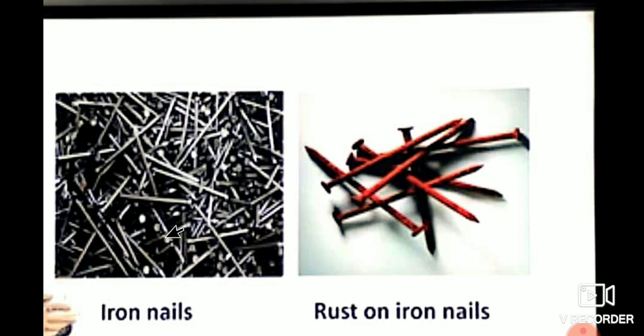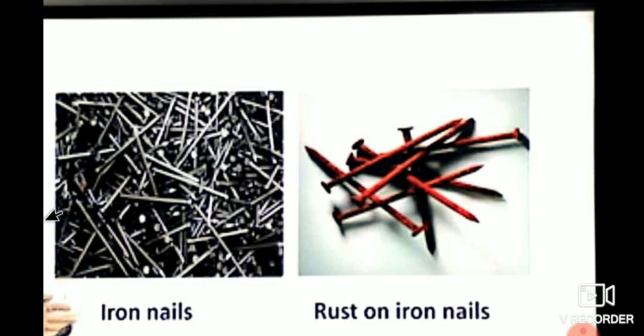So here it is lustrous nails, while this is non-lustrous nails. Here it is shining. A special kind of shine is present on the new iron nails, but here there is no shine. So this is a lustrous material and this is a non-lustrous material.